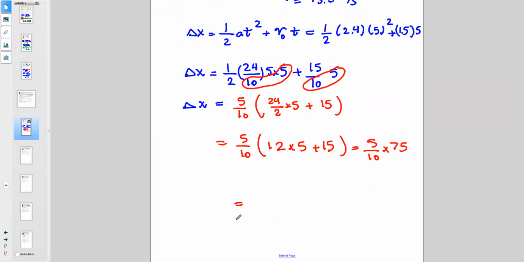Okay. And now I can easily write down 5 divided by 10. What is it? 1 over 2, exactly. Times 75. Meaning that 75 over 2 is the final answer.